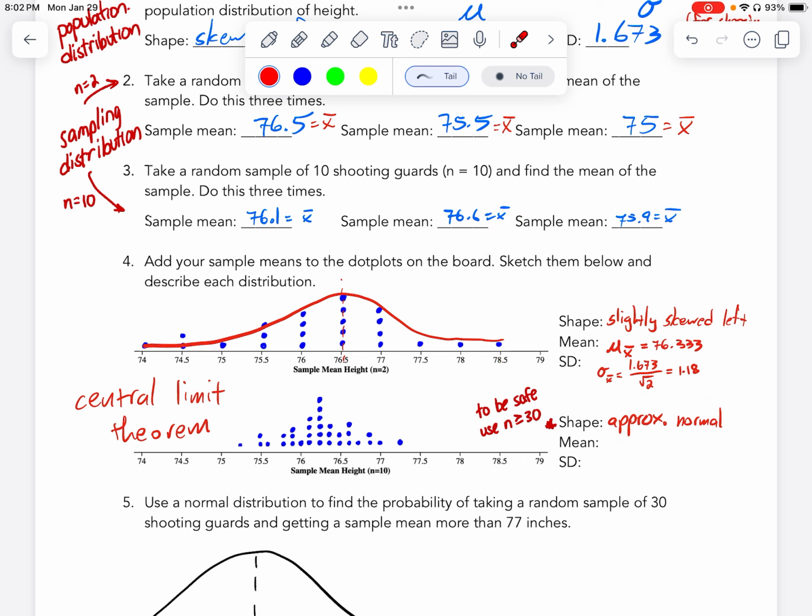And as it increases, you can see here the first one is slightly skewed left, and this one is now more normal because I've increased it to a sample size of 10. If I made you go back and do more shooting guards, like 20 or 30 shooting guards, yes, it would take forever. But what would happen is this curve would tighten up and become even more like the normal curve.